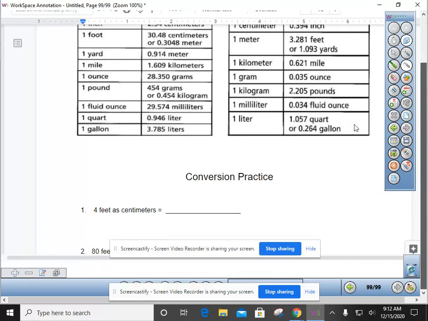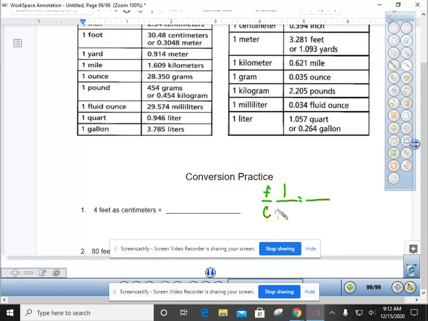So for number 1 right here, what I'm going to do is do feet over centimeters and write a proportion. And 1 foot was like 30.5 centimeters, and it's asking me for what? 4 feet. Yep. So how do you solve that? Cross multiply. That's right. So you're going to get x equals whatever 30.5 times 4 is.